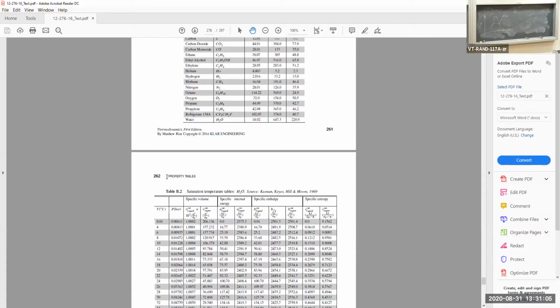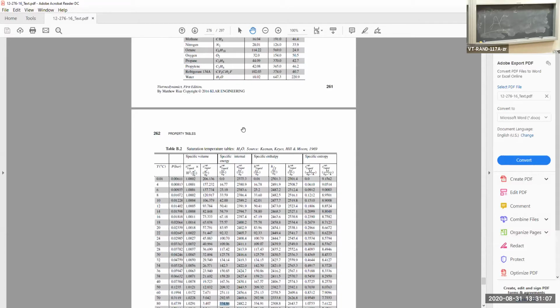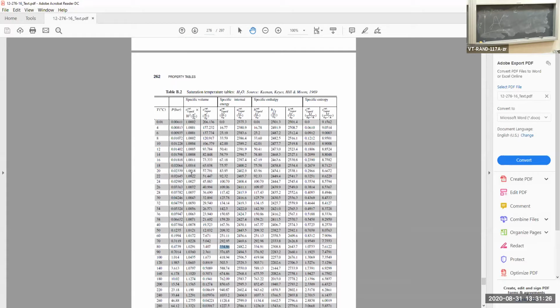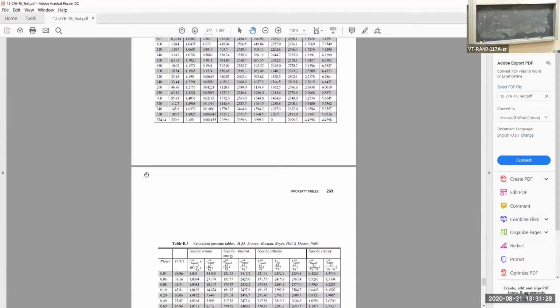Don't worry about that. What we are interested in are these saturation tables. As a function of temperature, we get boiling pressure, we get specific volume for the saturated liquid, and specific volume for the saturated vapor, and some other stuff. So these are saturation tables.